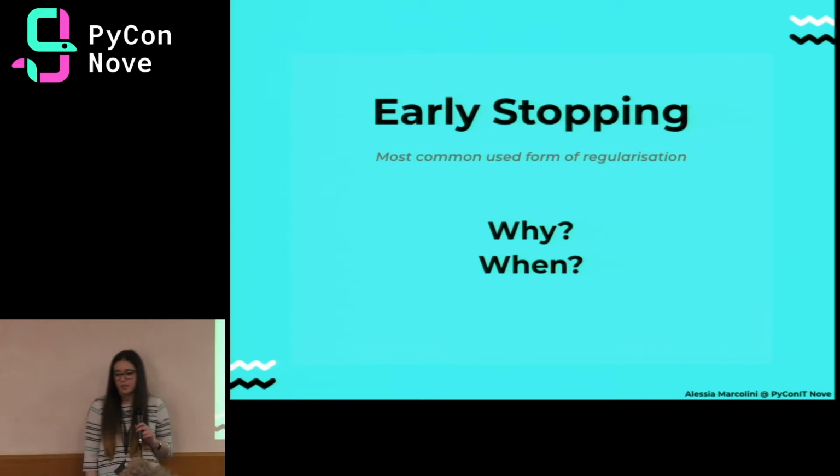So early stopping is the most commonly used form of regularization. It basically refers to the concept of stopping training before convergence to avoid overfitting. First of all, you need to split your data set into training set and validation set as usual.